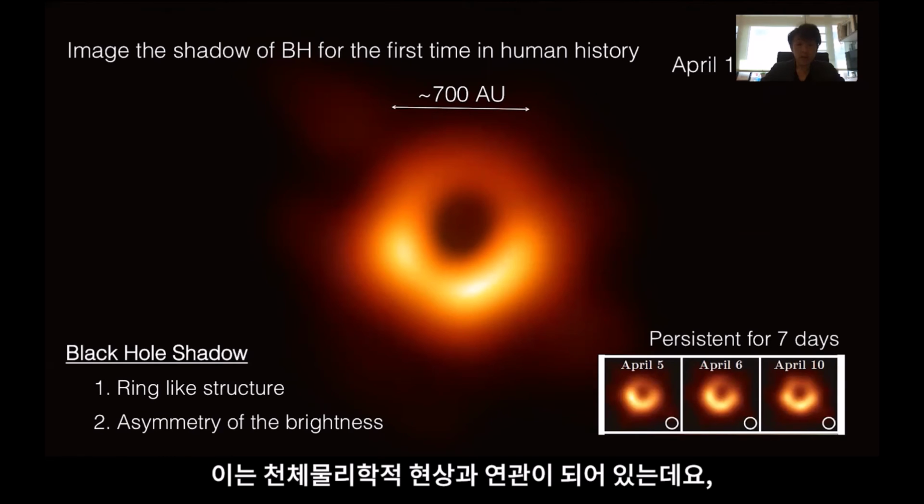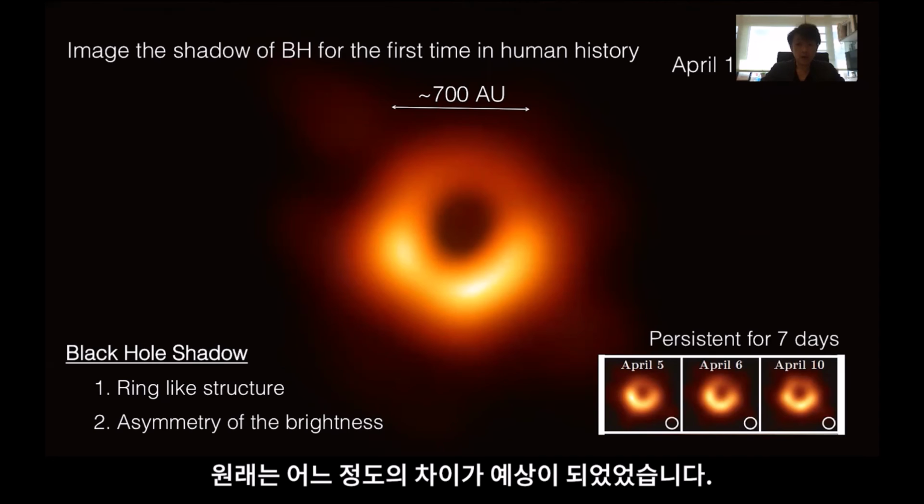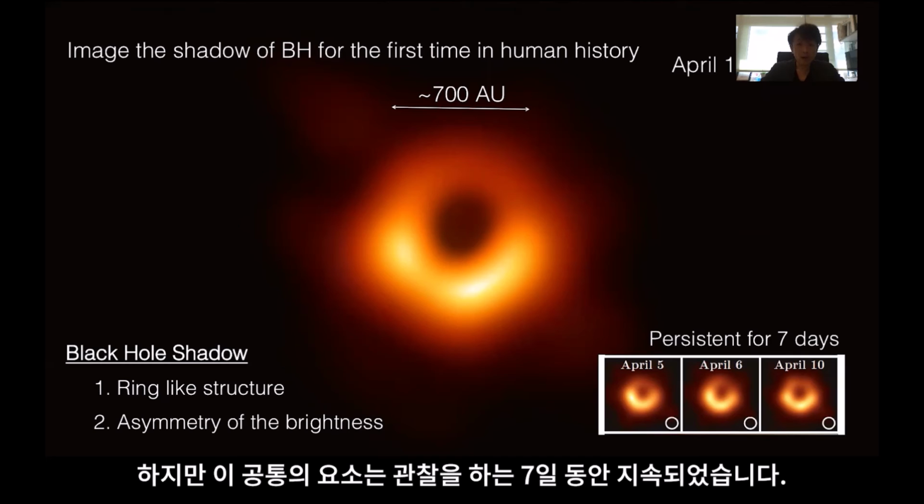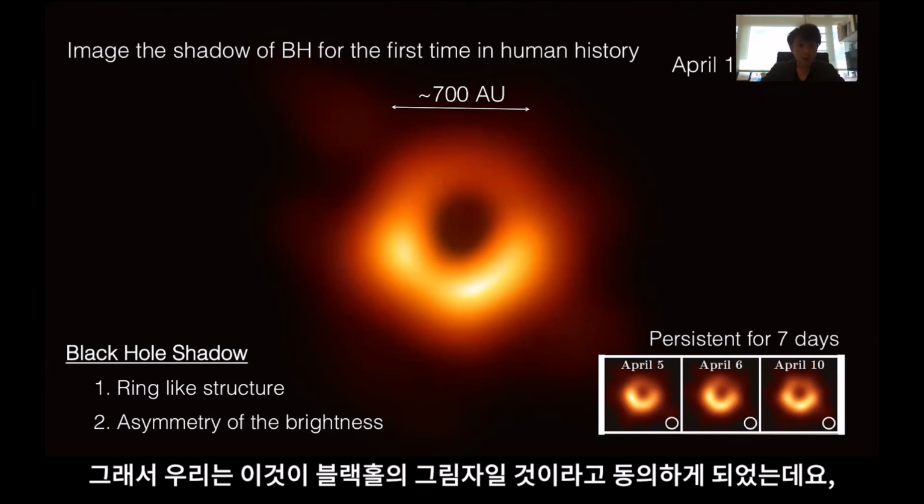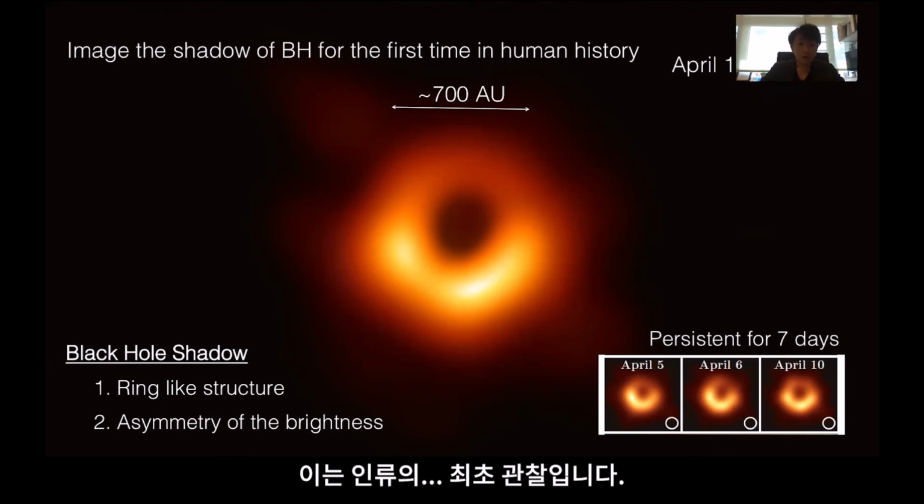If this were related to some astrophysical phenomenon, we should expect to see some differences. But this common feature is persistent over seven days of observations. So we conclude this should be the image of the shadow of the black hole, which for human beings is the first time we saw this.